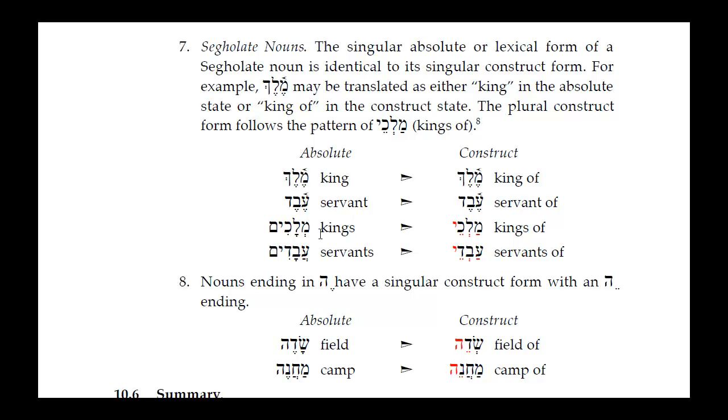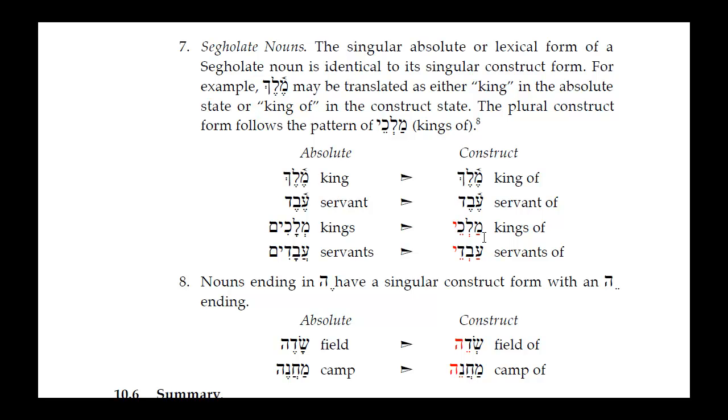But the changes occur when we get into the absolute and construct plural. The absolute plural is melachim, which we learned when we studied the nouns. It takes a special vowel pattern here. But when we get into the masculine plural construct, the hiriq yod mem sofit drops off. You put the tsere yod at the end. That tells you it's masculine plural construct.